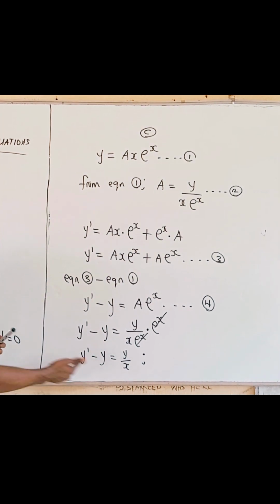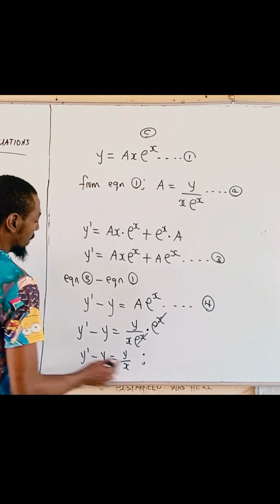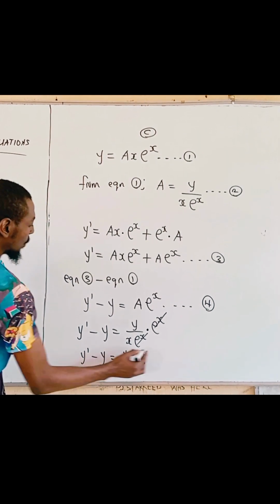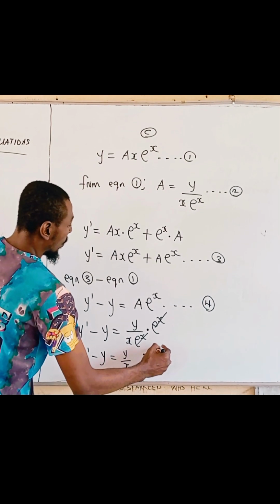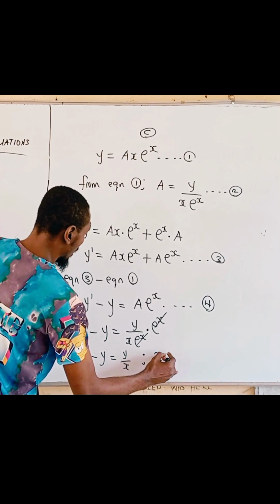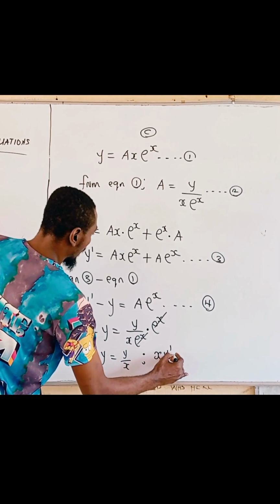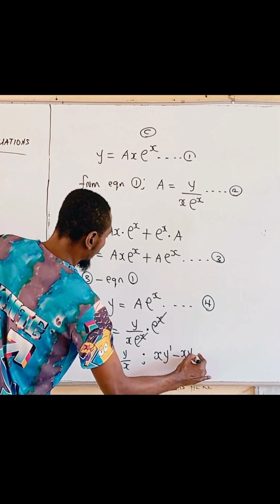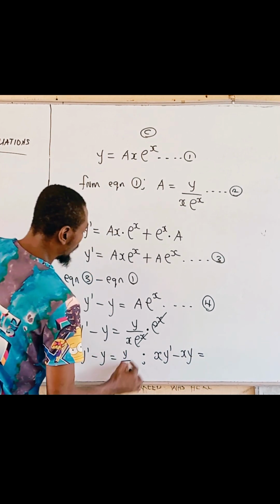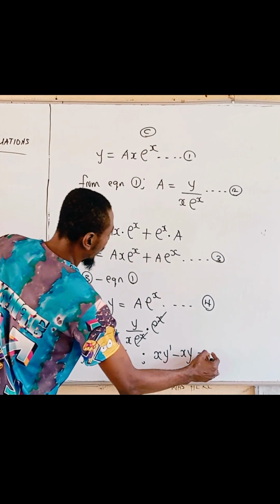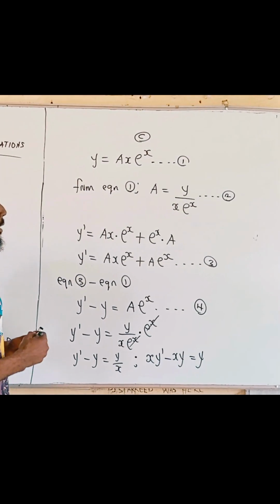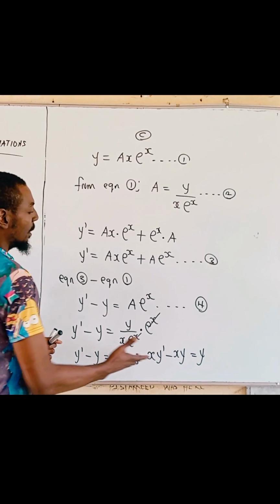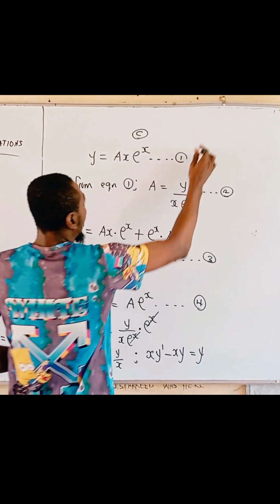We multiply everything out with x. We have x y prime minus xy equal to, of course, multiply this one by x, x will cancel x, we have y. Then we still want to simplify it further.